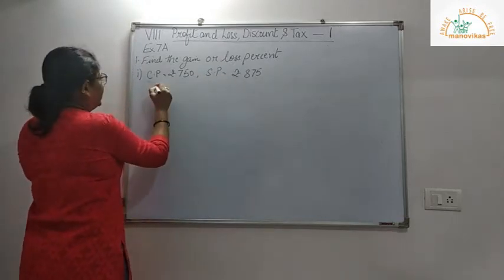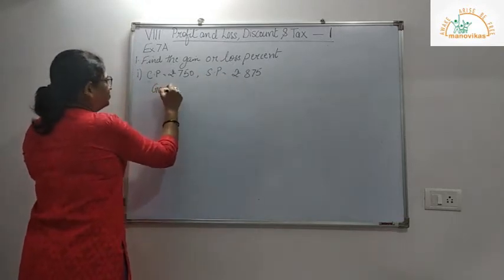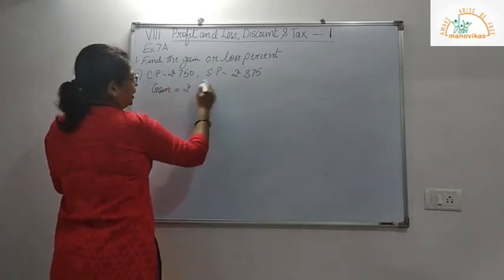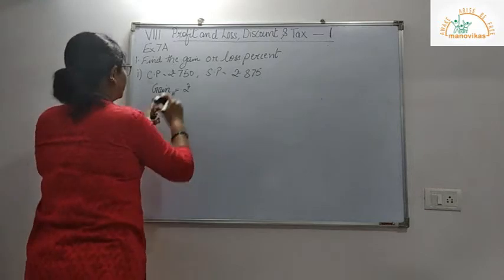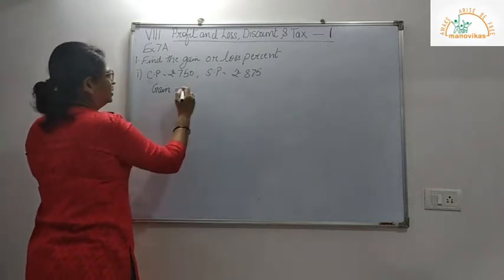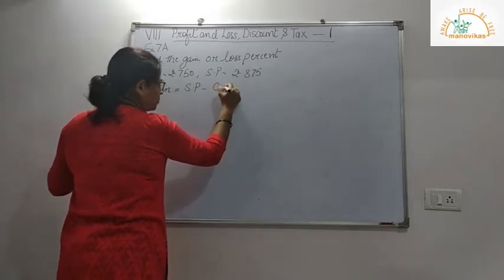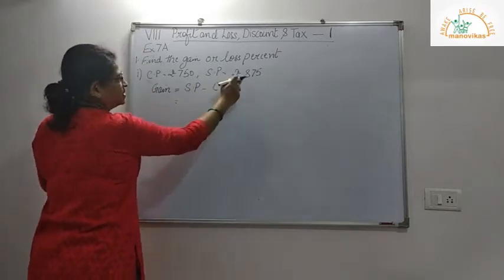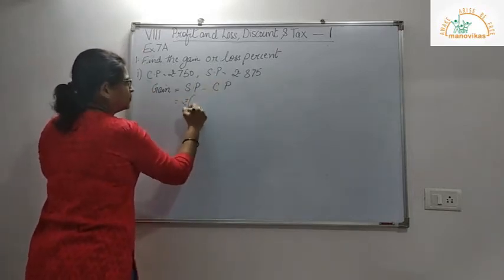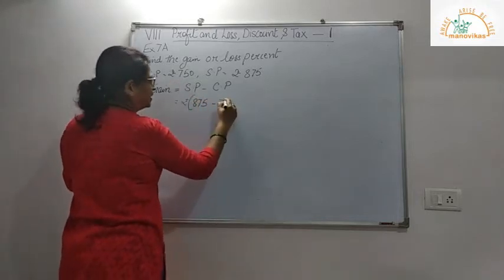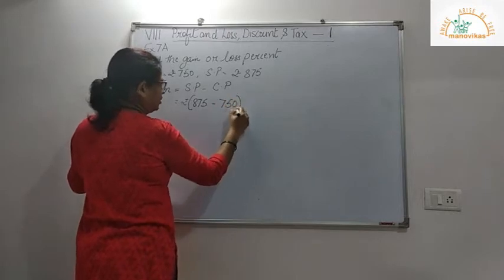So my gain here will be equal to rupees. I write the formula first so that you all don't get confused. Gain is selling price minus the cost price. My selling price here is rupees 875 minus the cost price, that is 750.